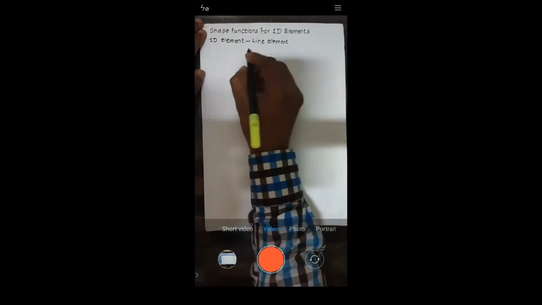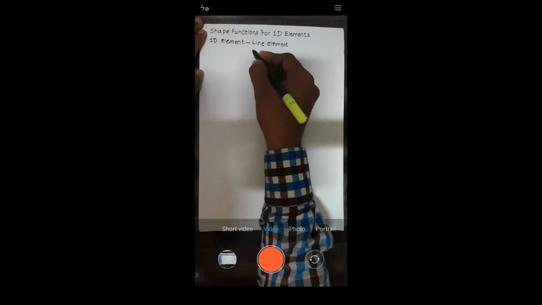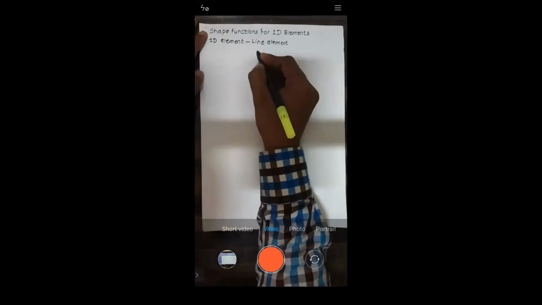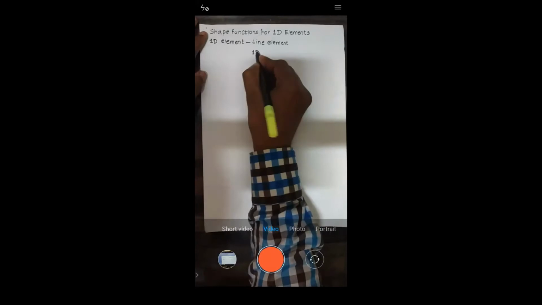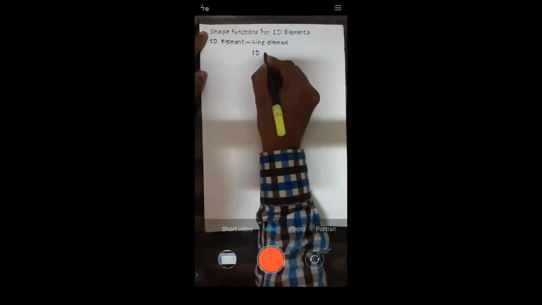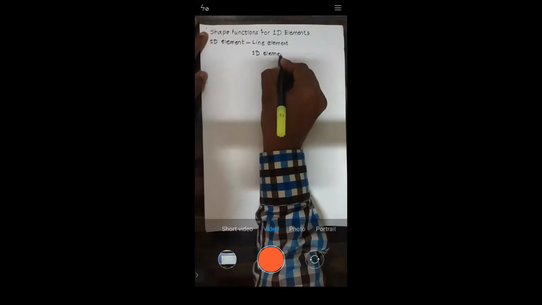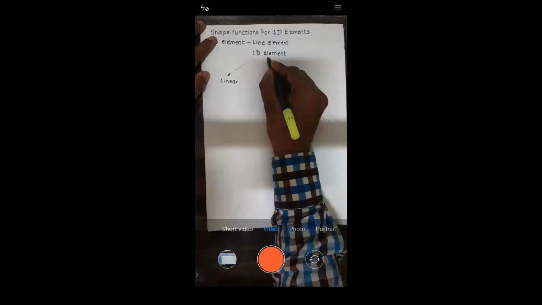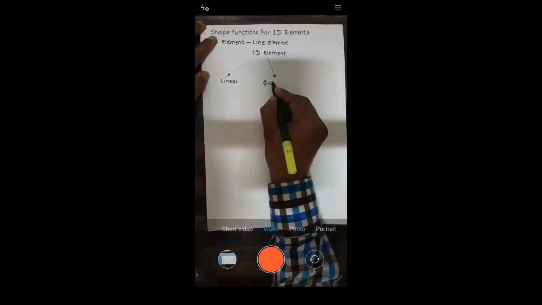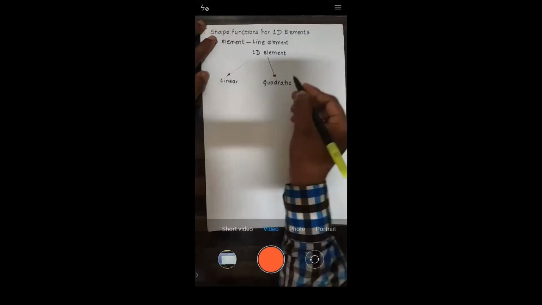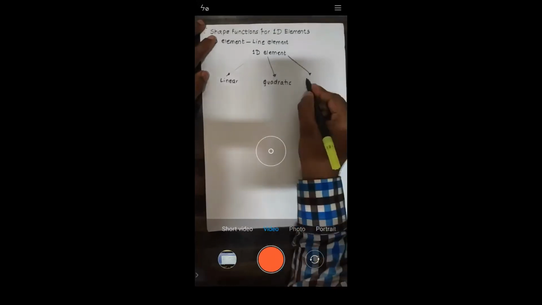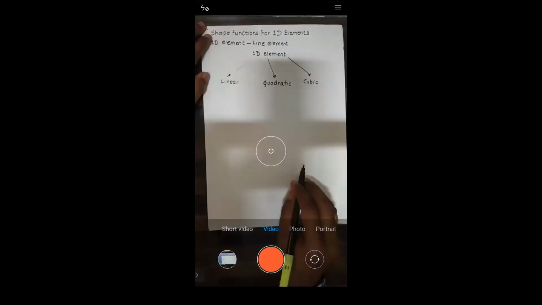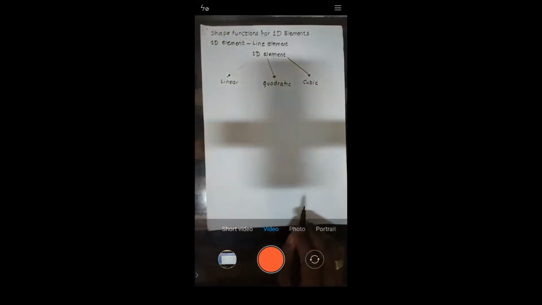If you want to classify the one dimensional element, it can be a linear element, or it can be a quadratic element, or it can be a cubic element. So what is this linear element?